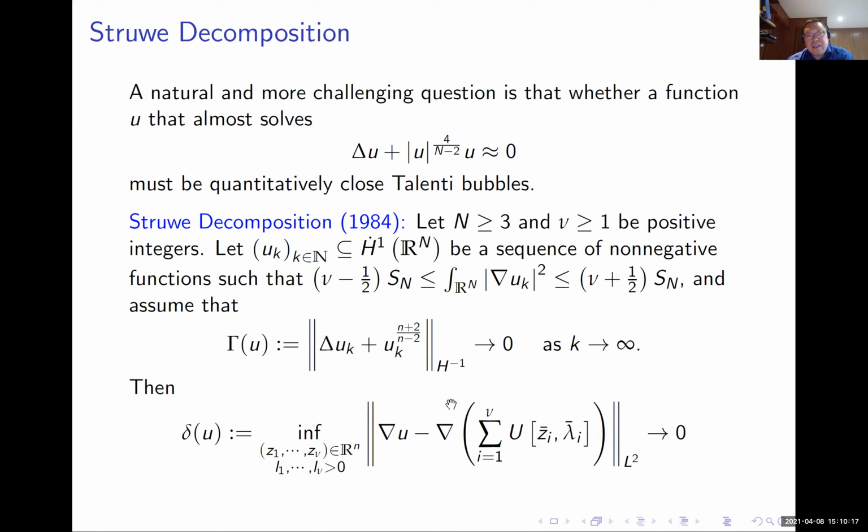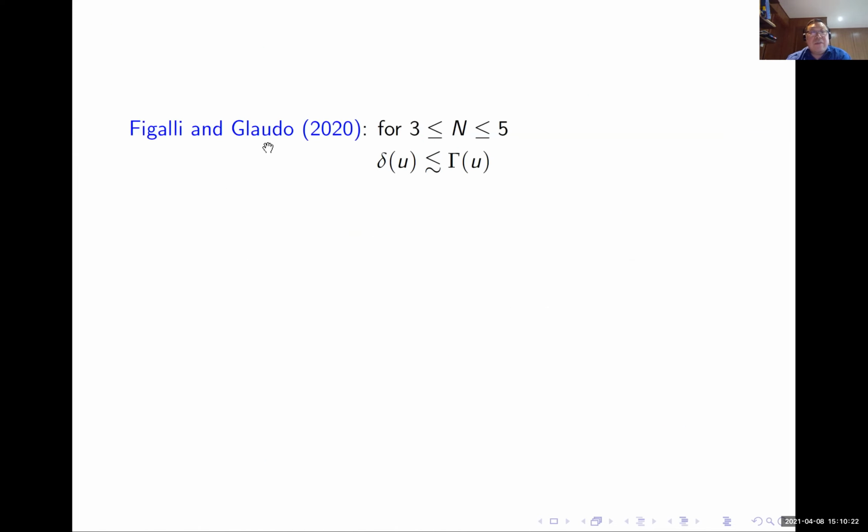So this is qualitative, but not quantitative. Figalli and Glaudo in 2020 proved a quantitative version of the Struwe decomposition, which is a linear relation.